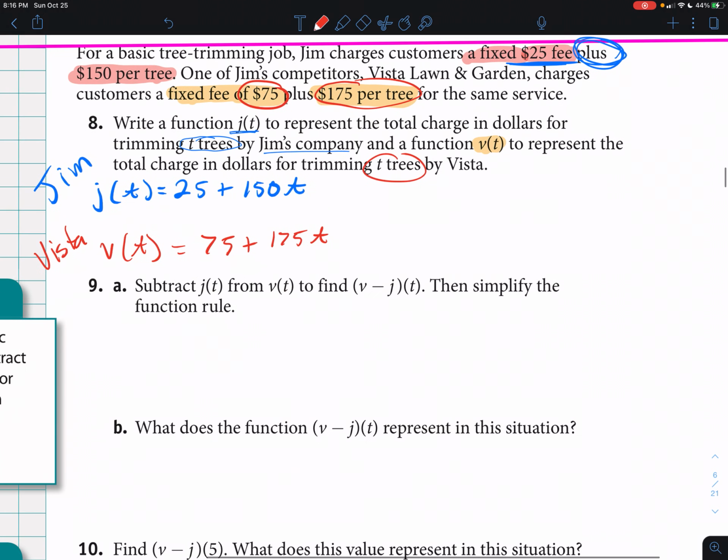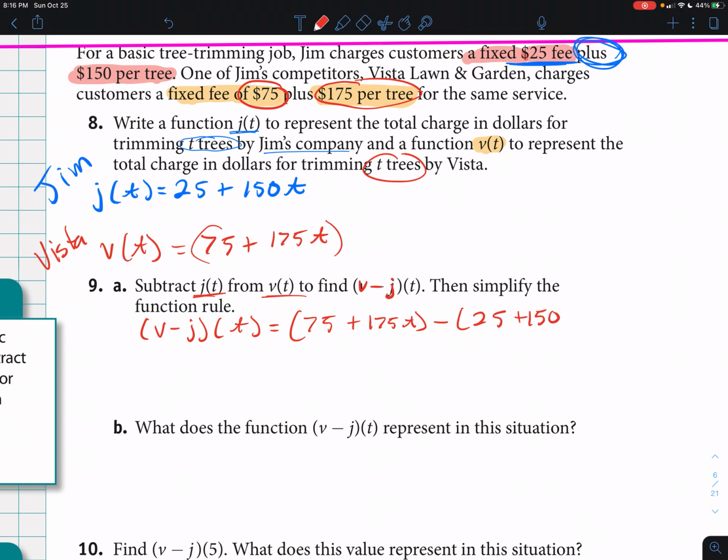We're going to subtract J of T from V of T. It says J from V, so function V minus function J. Function V minus function J of T is going to equal, here's function V, 75 plus 175T, minus that 25 plus 150T from above.